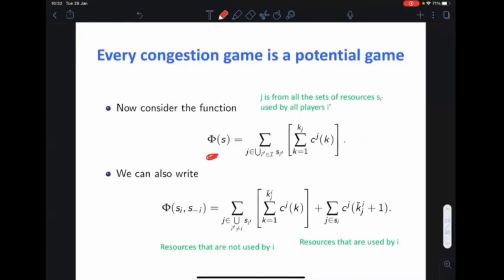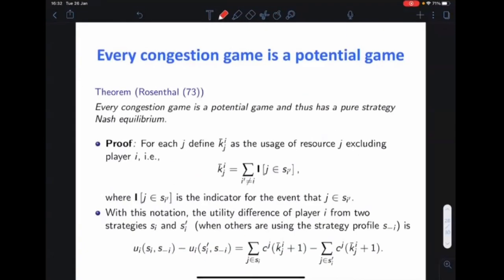So that's basically how you can prove it. Before we do that, this proof needs an additional notation. Instead of having this k_j, remember, the number of users who are using this resource j.